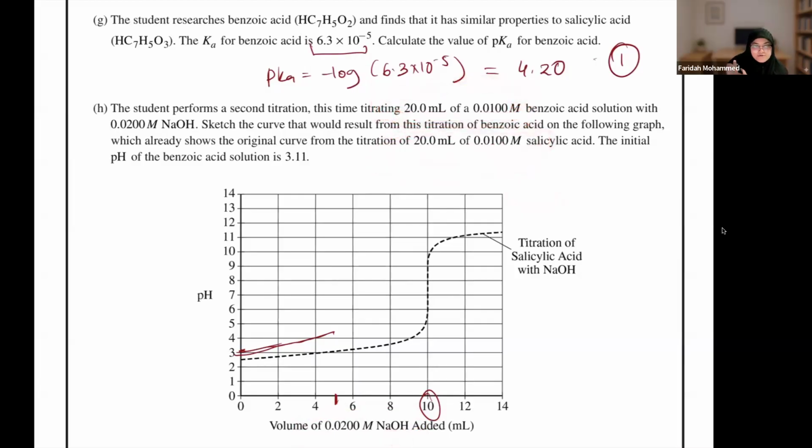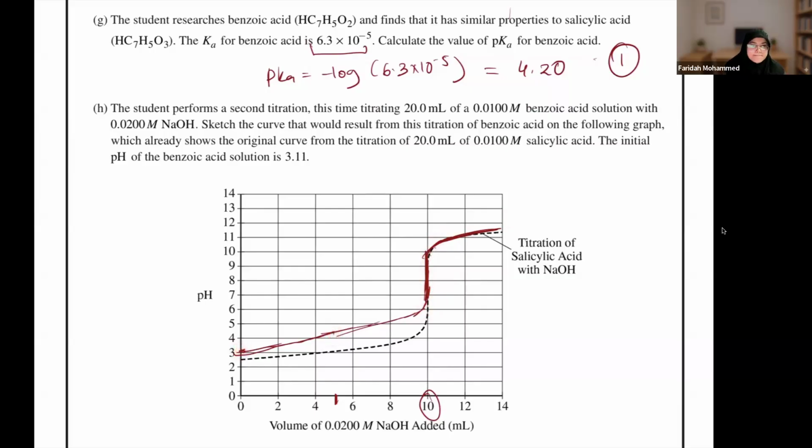The volume at equivalence point does not depend on the type of acid. So you bring this up to here and draw the equivalence point there. This is your second point. You can just follow this. Even if you put it a little bit above, it still doesn't matter. Your points are your equivalence point, the starting point, and the half equivalence point.